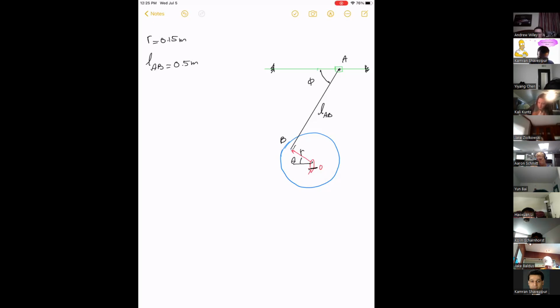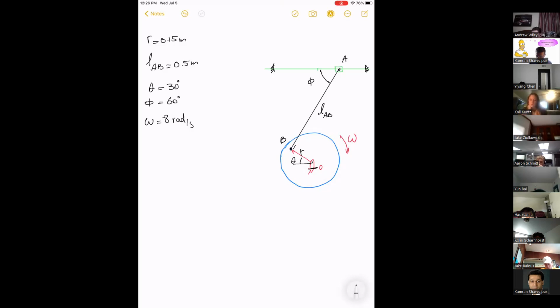At this particular moment, theta is 30 degrees and phi is 60 degrees. And you have the disk and link AB and the collar, and omega goes this way. And omega is 8 radians per second. Now I want you guys to pay attention to this, please, for a second.